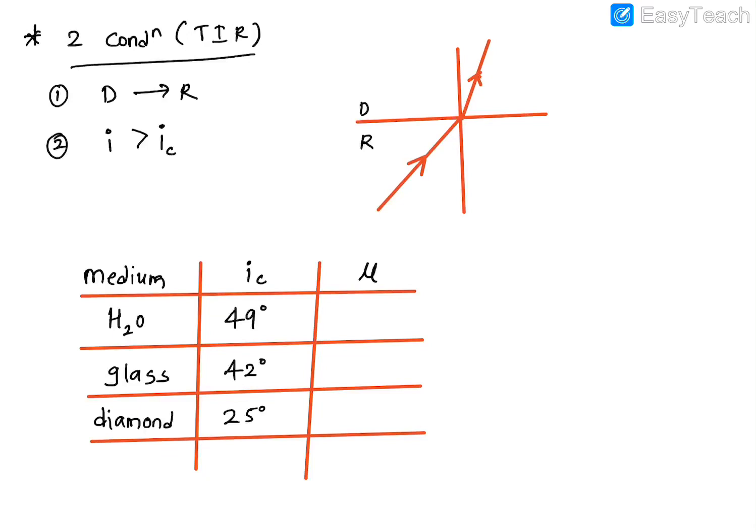Now the refractive index. For water it's 1.33. For glass, it's 1.50. For diamond, sorry, we are writing the refractive index now, for diamond the refractive index is 2.41.